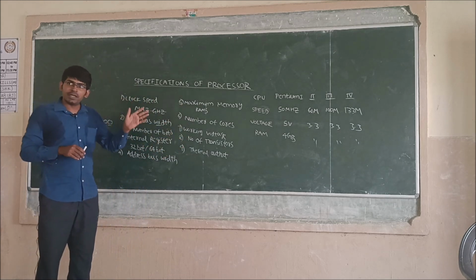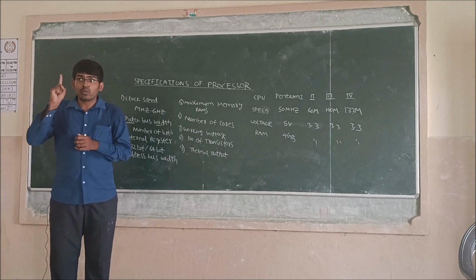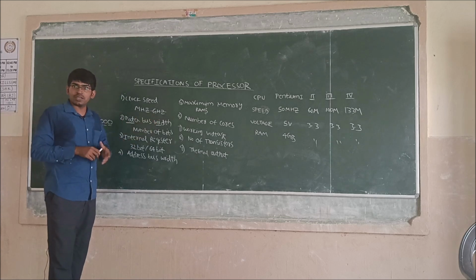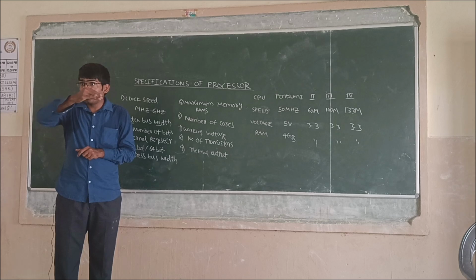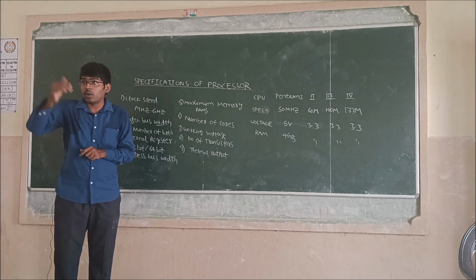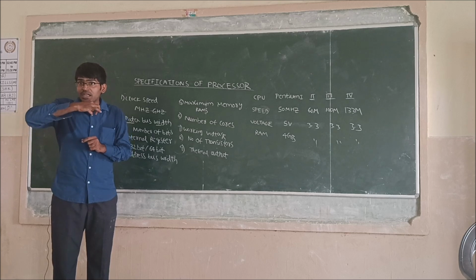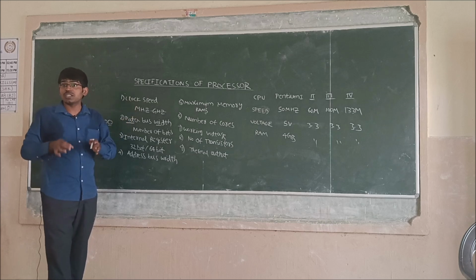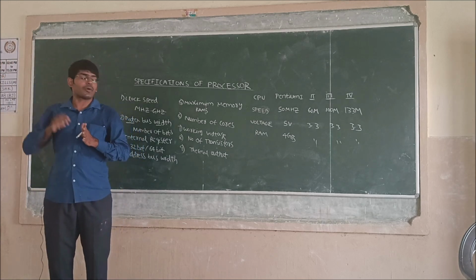So clock speed tells how many instructions per second the CPU can process. Data bus width tells how many bits the CPU can communicate at a time with another component.